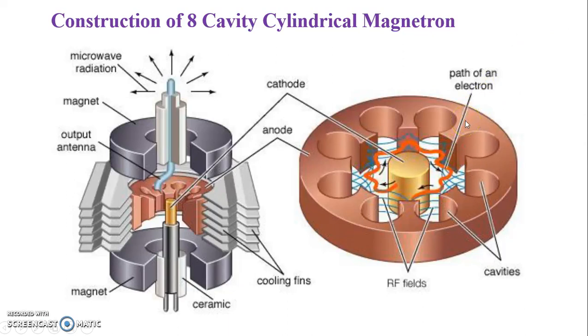In the anode block, there are cuts, a number of holes and slots, which act as resonant anode cavities. The space between the anode and cathode is the interaction space, and to one of the cavities is connected a coaxial line or waveguide for extracting the microwave power.